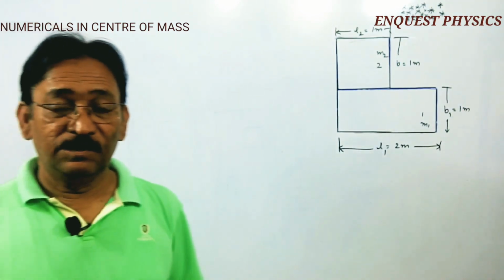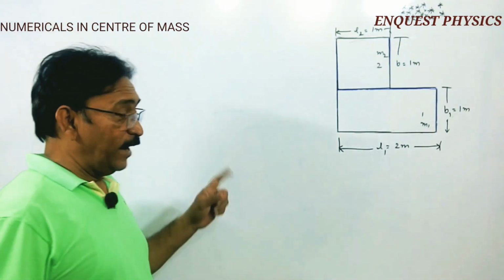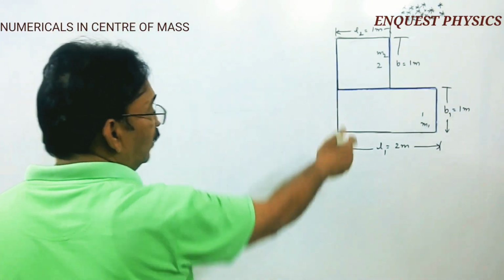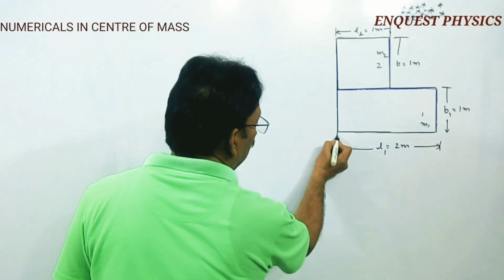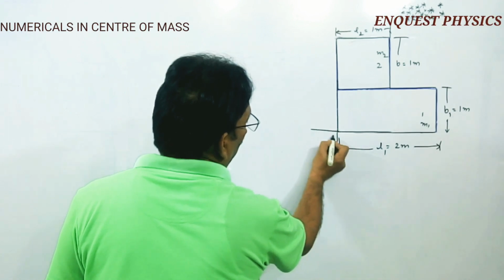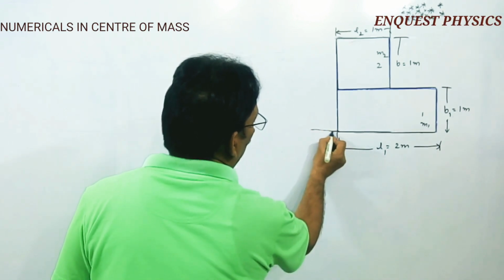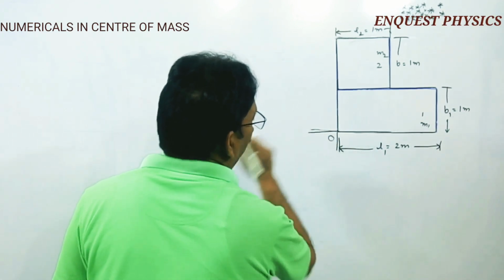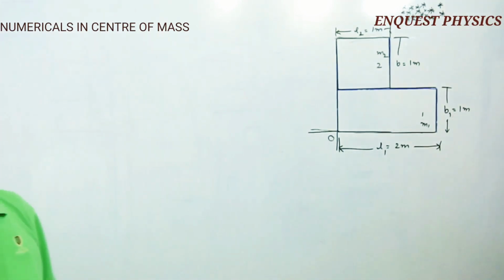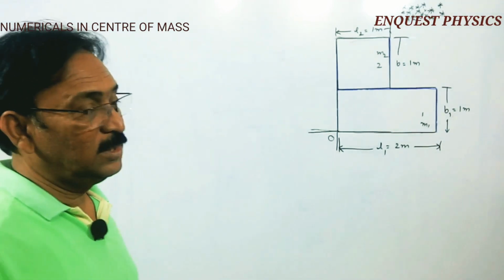The problem asks us to find the center of mass of the system with respect to O. Here I am locating O. We have to find the coordinates of the center of mass with respect to this.